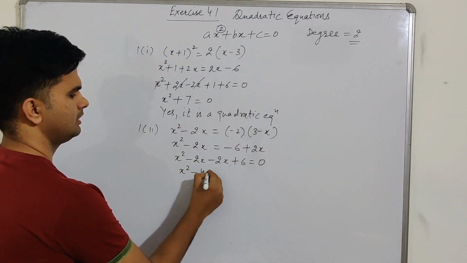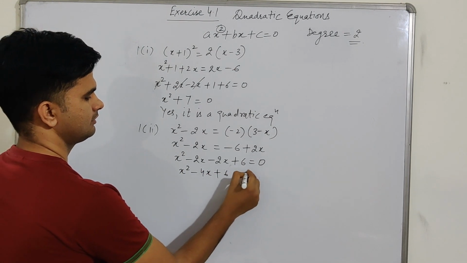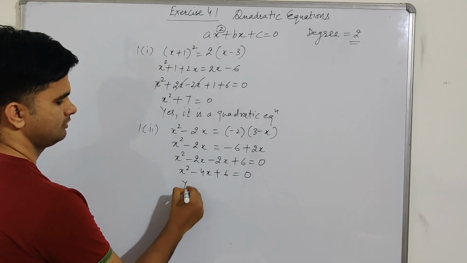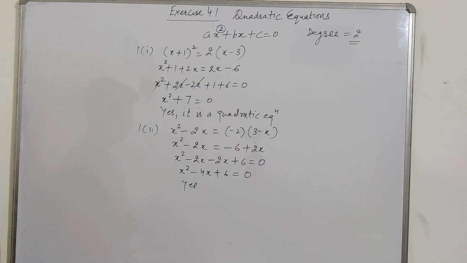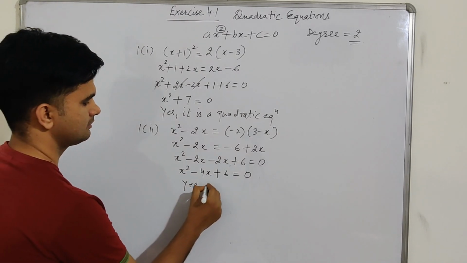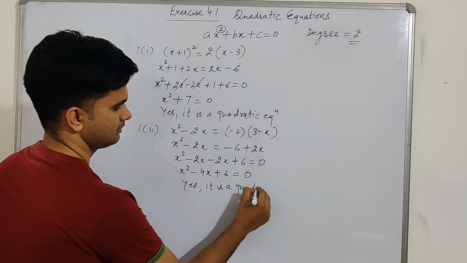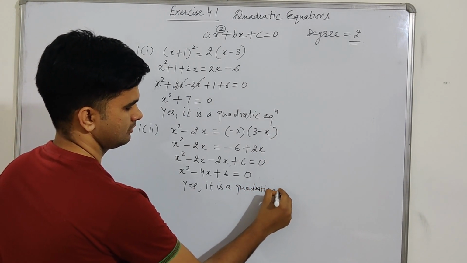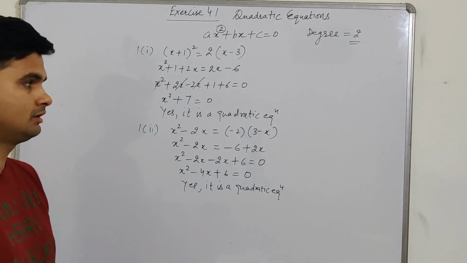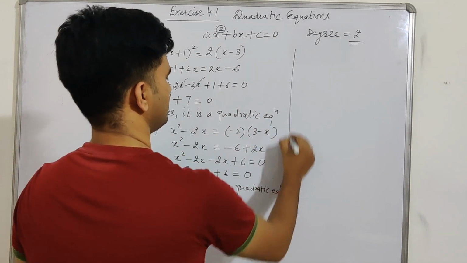So x² − 4x + 6 = 0. Yes, it is quadratic because the degree of this equation is 2. Right? Now come to the next part.